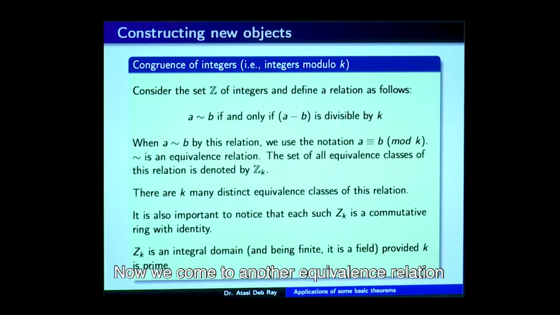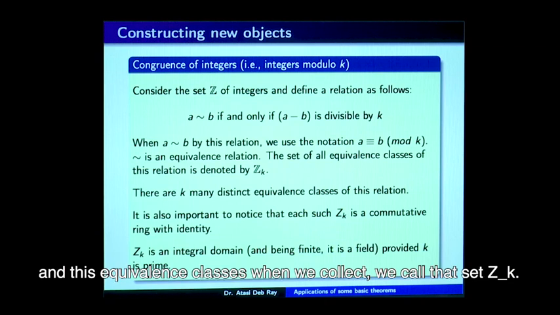Now, we come to another equivalence relation which is very important in the practical field, that is called congruence of integers. Suppose the set of integers is given, two integers a and b are related if and only if a minus b is divisible by a number k. Then this is of course an equivalence relation, and when we collect these equivalence classes, we call that set Zk.